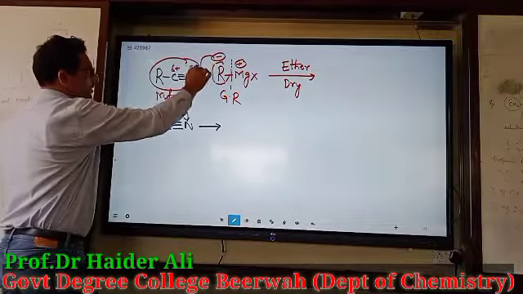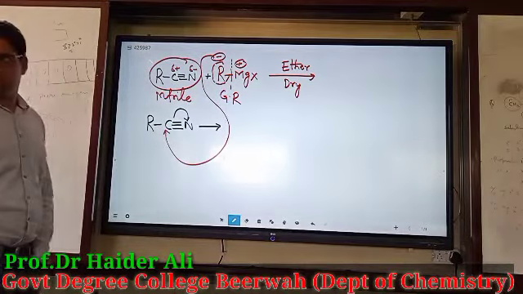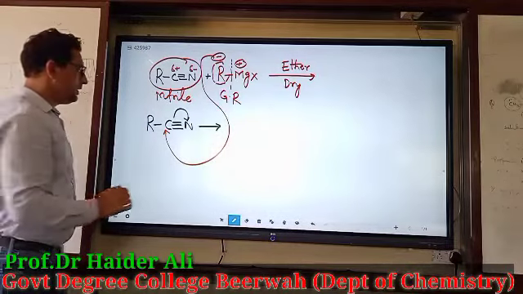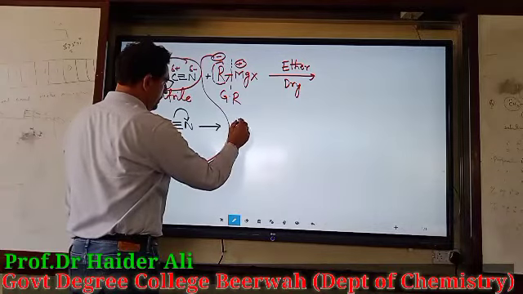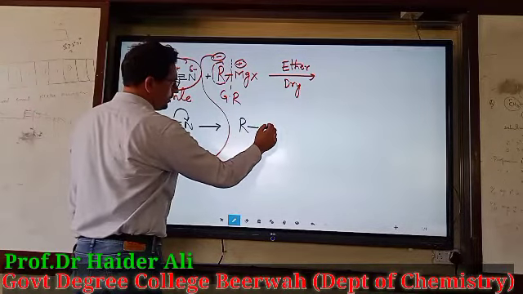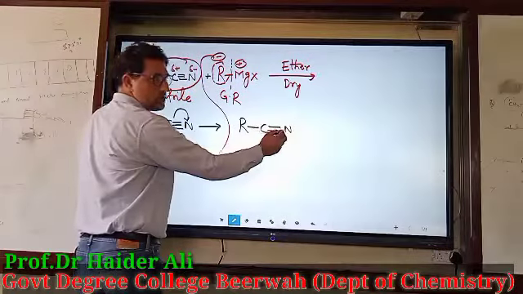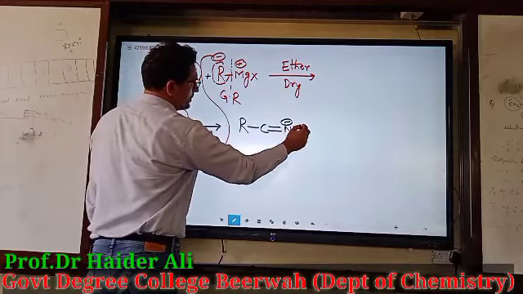This R negative from Grignard's reagent will come and attack this carbon having the positive charge. So what you will get? R, C, double bond N, with negative charge along with this MgX.